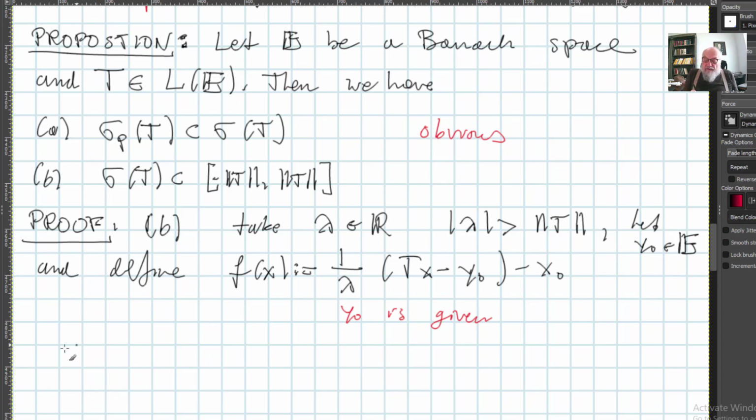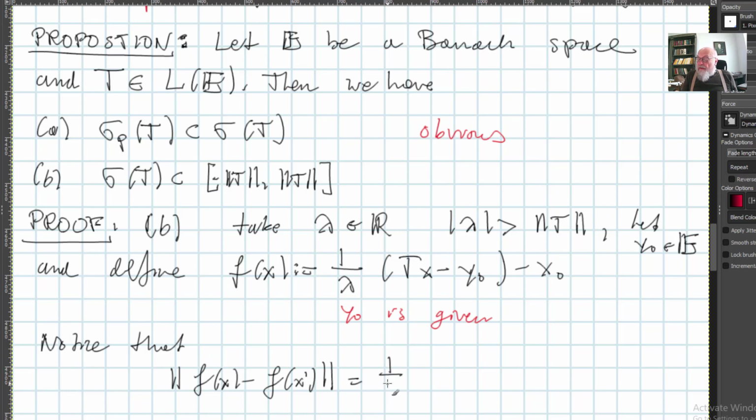So the first thing I notice is that if I take f of x minus f of x prime, what is it going to be?